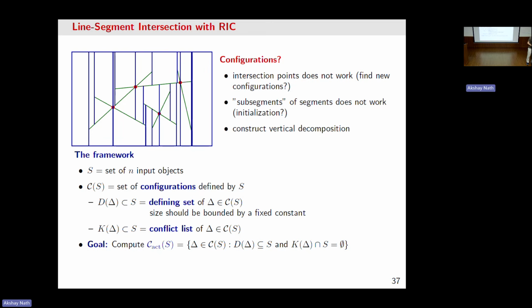Sorry, J squared. So it's more like, for each intersection, the probability that it shows up is more like J over n for each segment, squared, something like that.